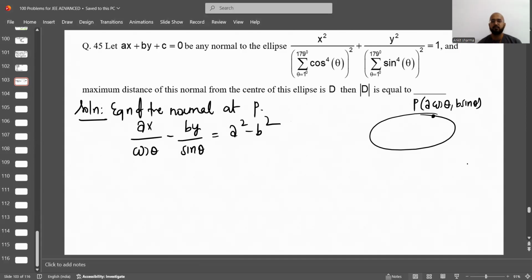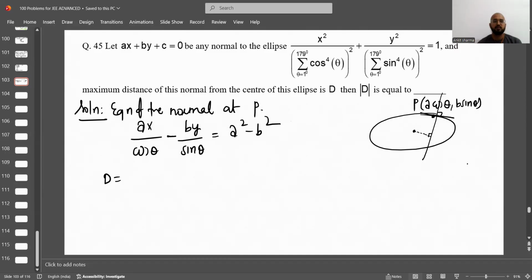And now what do we want? At point P. So now if we go ahead, okay, so this is my normal right here. Now this is the center of this ellipse. So we want the maximum distance. So let's find the distance of this normal.